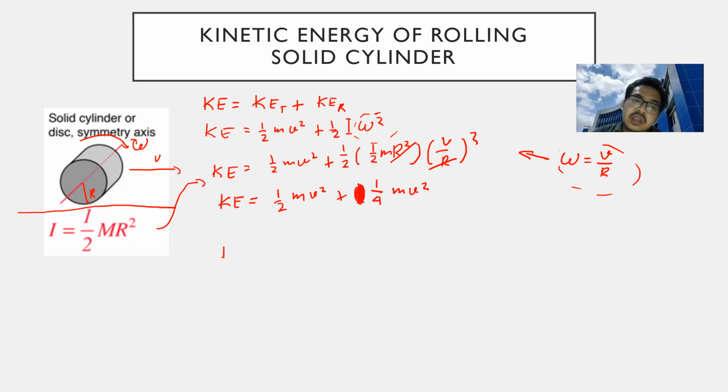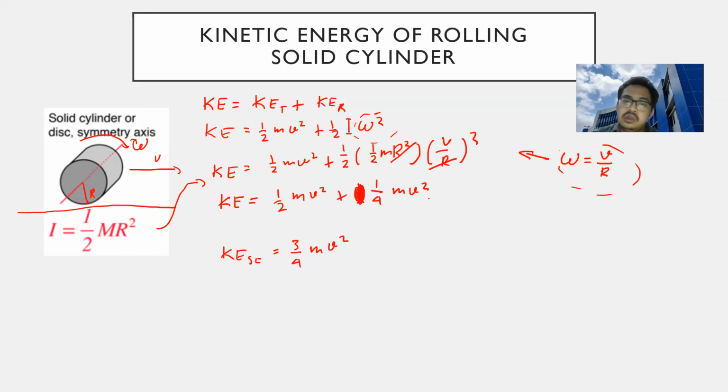So the total kinetic energy of the solid cylinder is equal to half plus a quarter. It will be equal to 3/4 times mv squared.